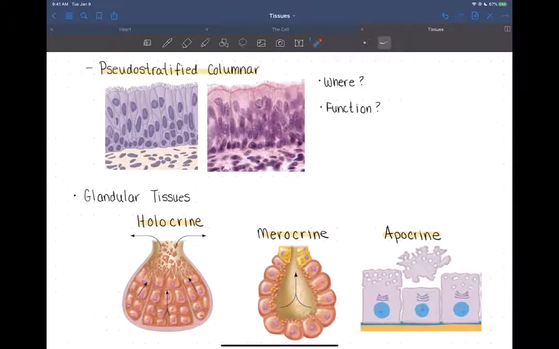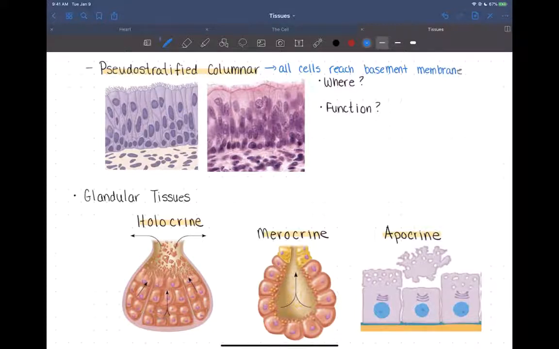So there are not multiple separate layers of cells because, and I'm going to write this up here, all cells reach the basement membrane. Okay, all cells touch that basement membrane, and so then it's not actually stratified.